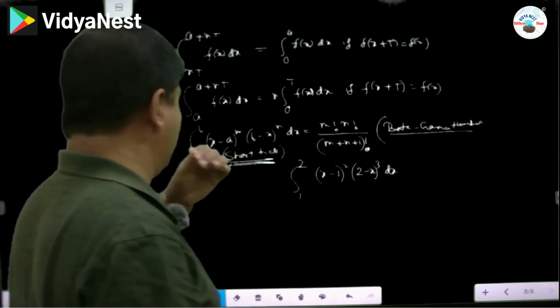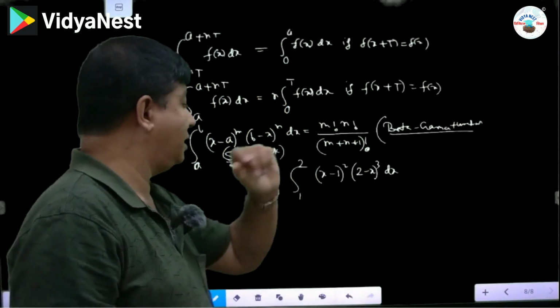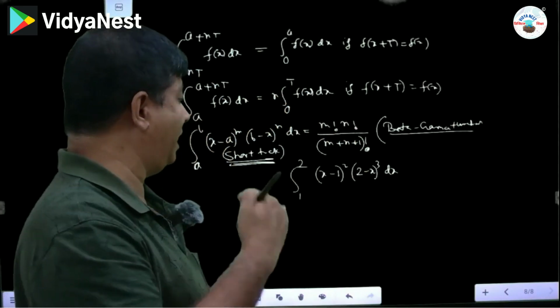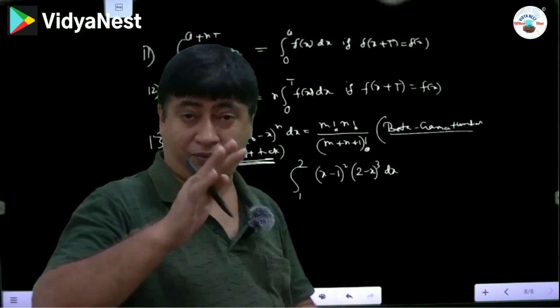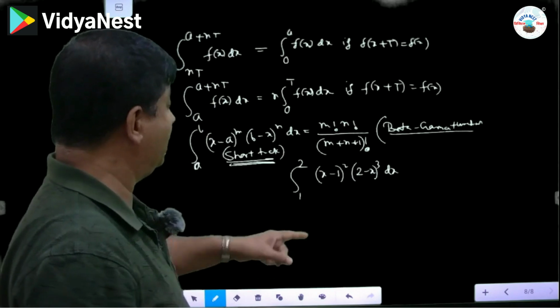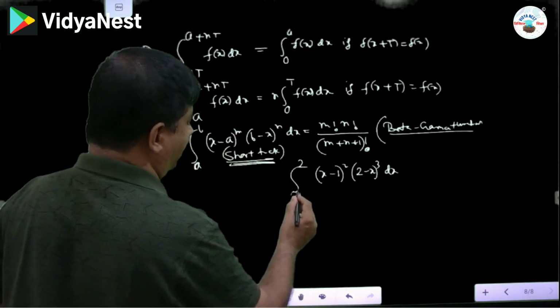Now, in the normal method, how would you have done this? By substituting x minus 1 is equal to z and expressing the other term in terms of z. But here you compare this to this formula. Here what is A?